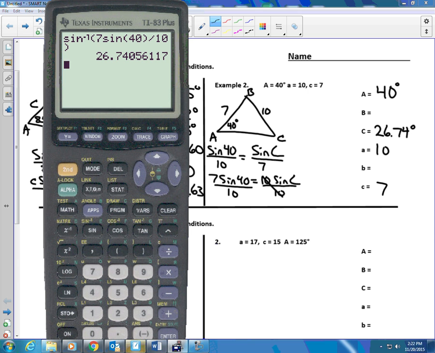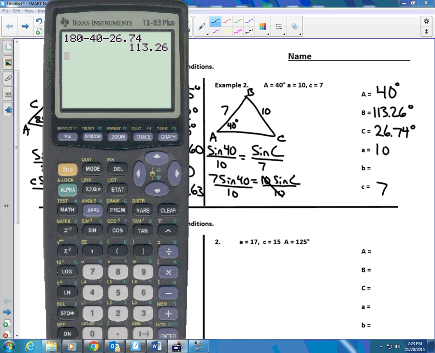Can I now find angle B? 113.26. Now can I find side B?